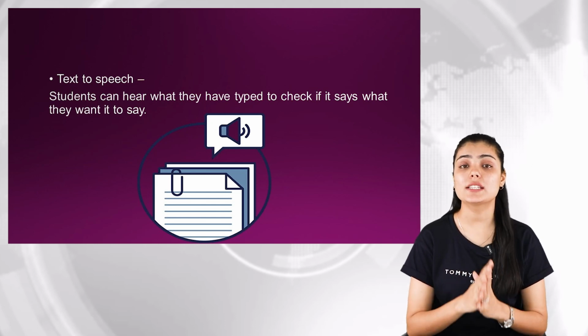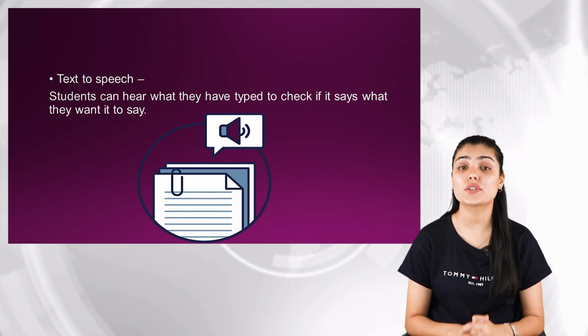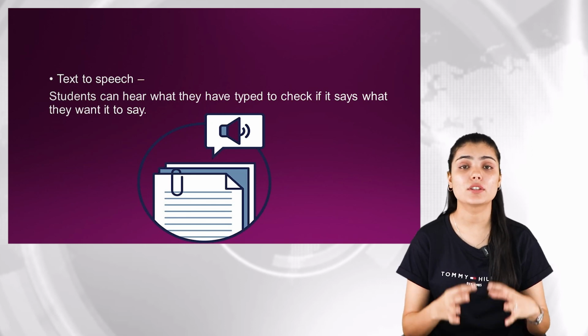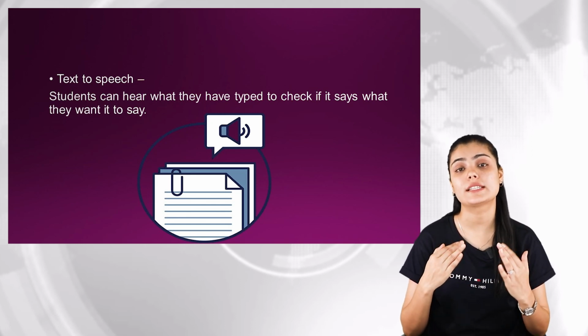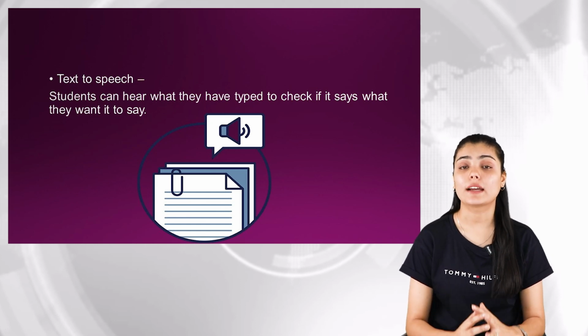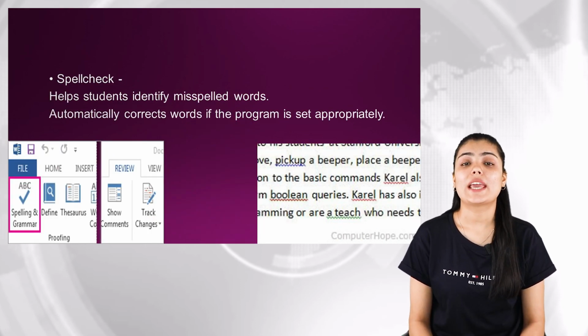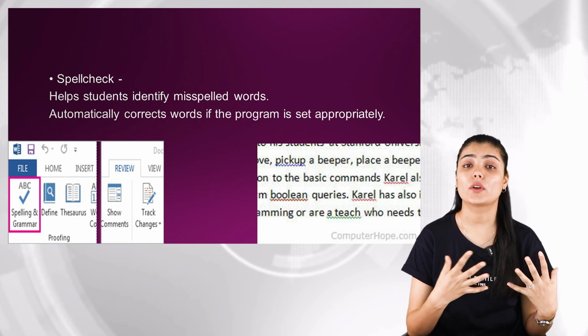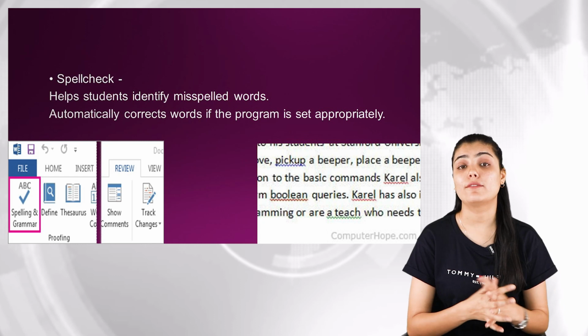Text to speech. In this, the student usually uses this feature to see if what is typed is correctly typed. The student can switch on this feature and whatever is typed out is read out by the computer to ensure that it is done correctly. And the last one we have is spell check. We all know this is a common feature that not only the computer has, even our mobile phone has.